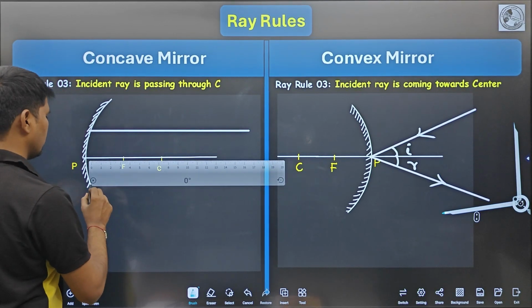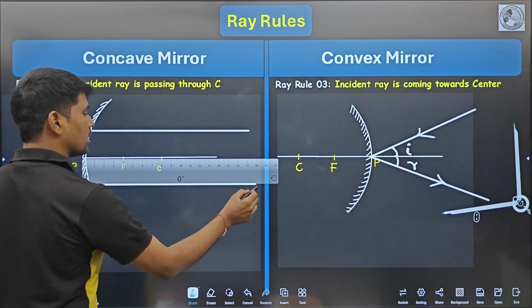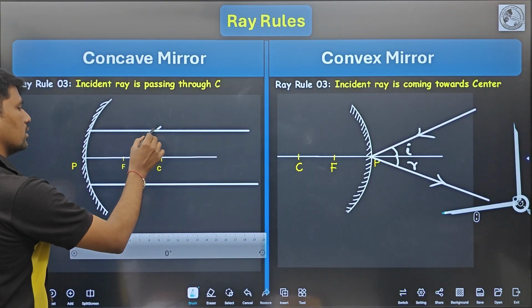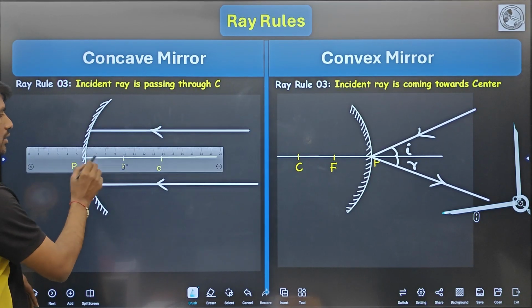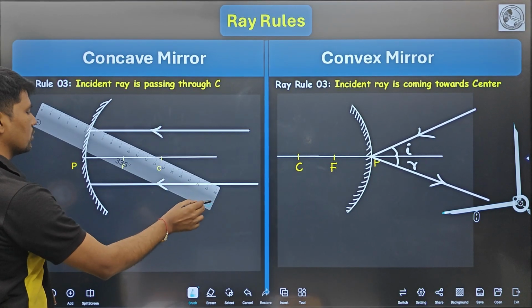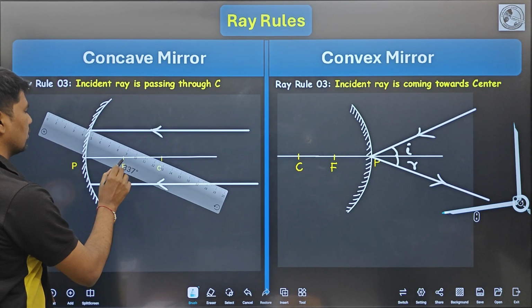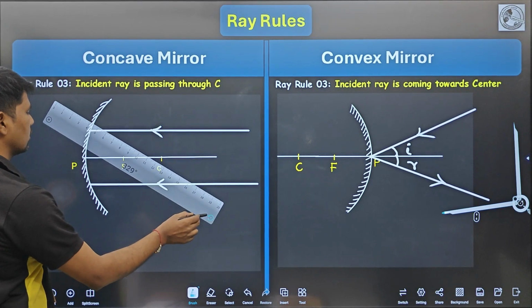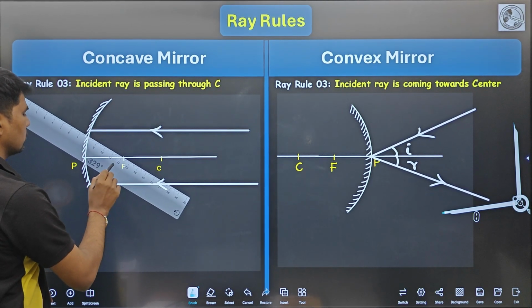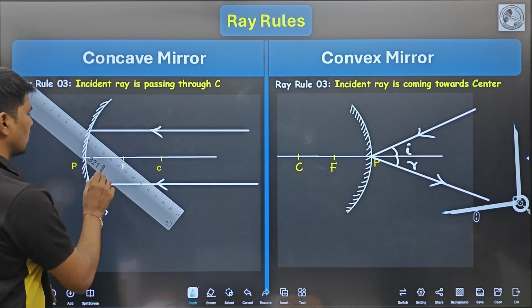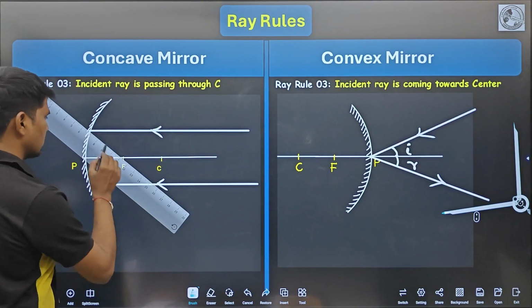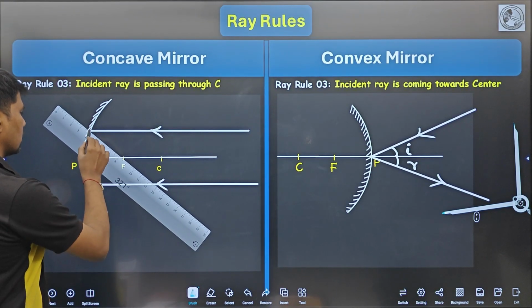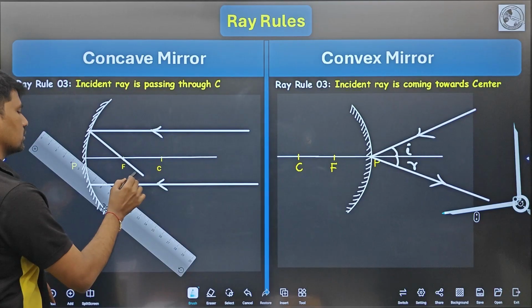The parallel rays are parallel to the principal axis. These parallel rays, after reflection, what happens? Ray rule, the first ray rule: after reflection, it passes through the focus.